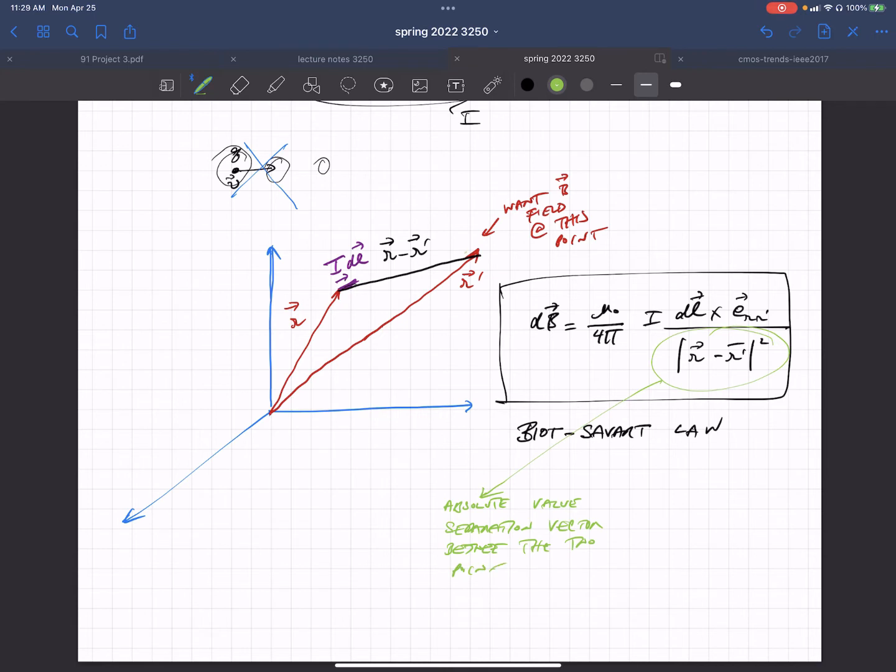So notice this is the vector, and then we're taking basically the length of it. This is the unit vector from this point to R prime.